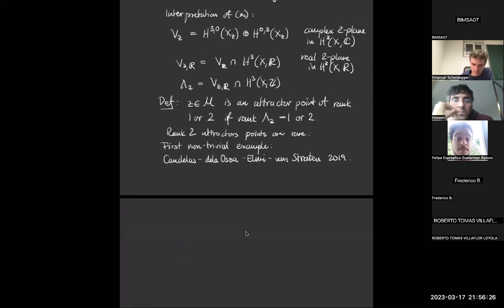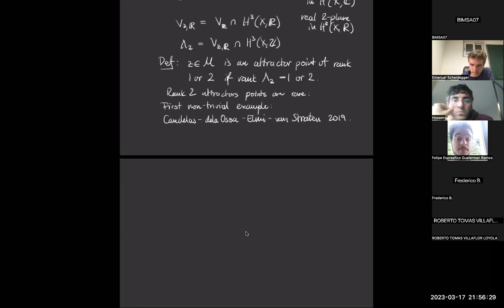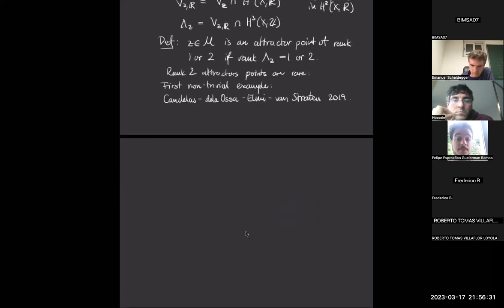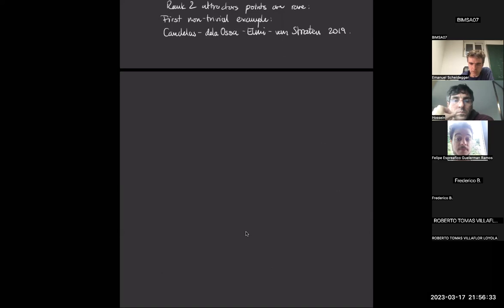Okay, now let's go on and look a little bit more at what this means from the point of view of Hodge theory. So we have this lattice lambda c, and then we can tensor it with the complex numbers, and obviously what we get is H^{3,0} plus H^{0,3}.